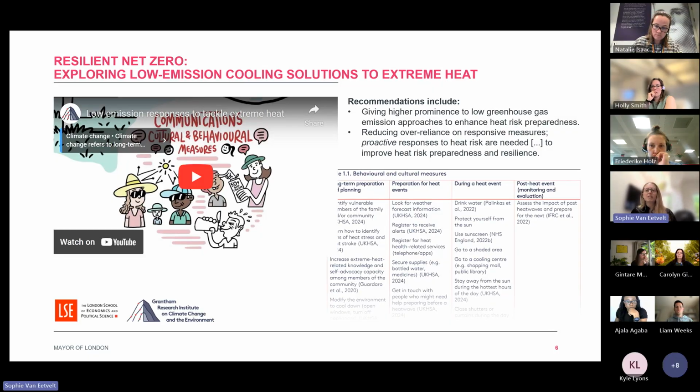It makes so much sense that if we're thinking about cooling and responding to extreme heat, we also need to be thinking about the emissions implications, what that means for net zero, but also what that means in terms of perhaps unintended consequences of, in other ways, contributing to some of the heat island effects that we see in the city.